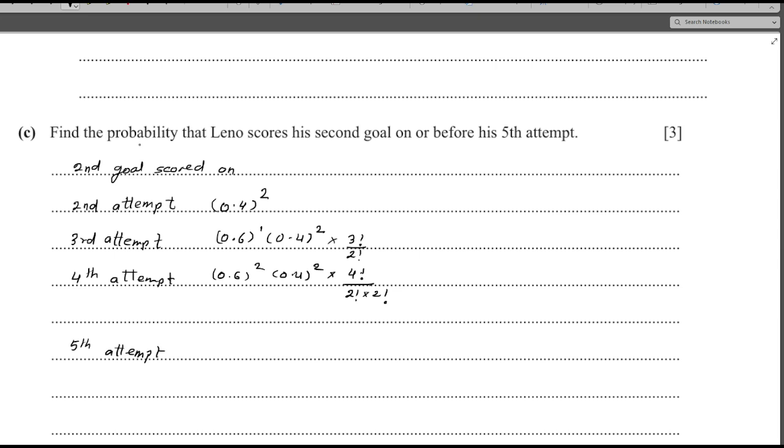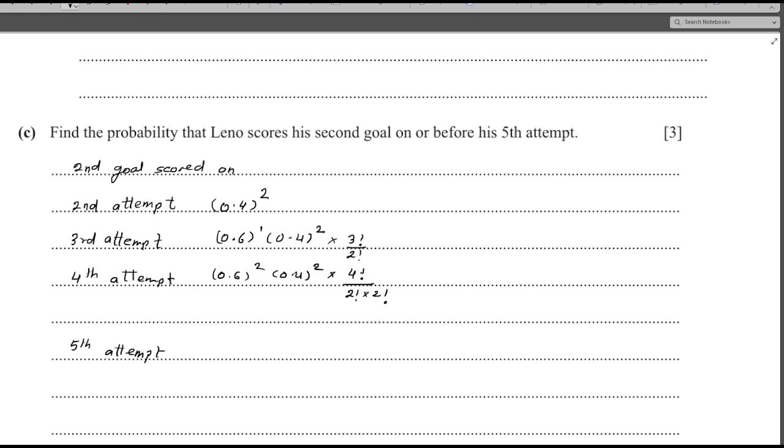okay, here I might be making one mistake. Here it is not 3 factorial divided by 2 factorial.